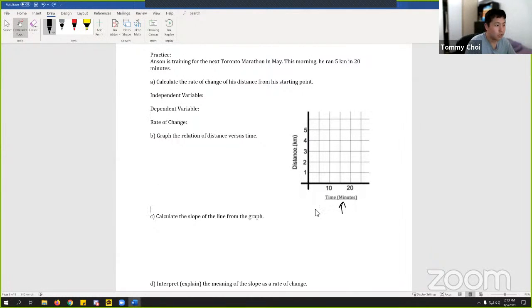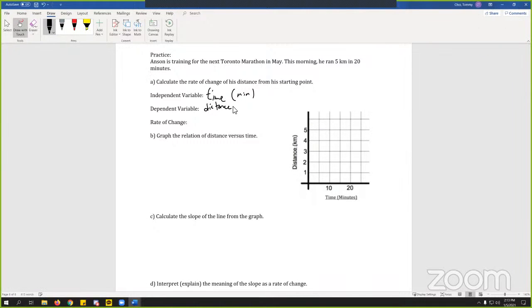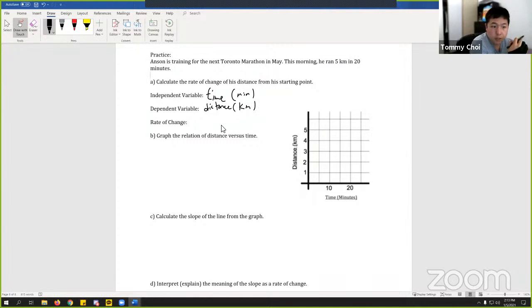We have it on the x-axis down there. We know that time is going to be our independent variable. So time in minutes. And of course, we can also see, right, it says 5 kilometers in 20 minutes, and usually the second unit is our independent variable, which means our dependent variable is distance. In kilometers. Kilometers, very good. Now, the rate of change, what about that?